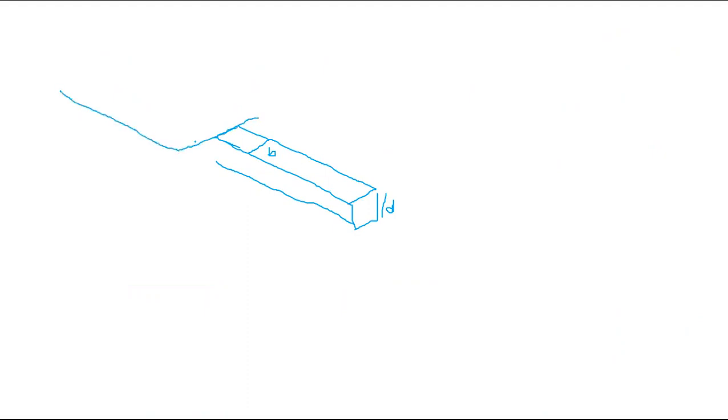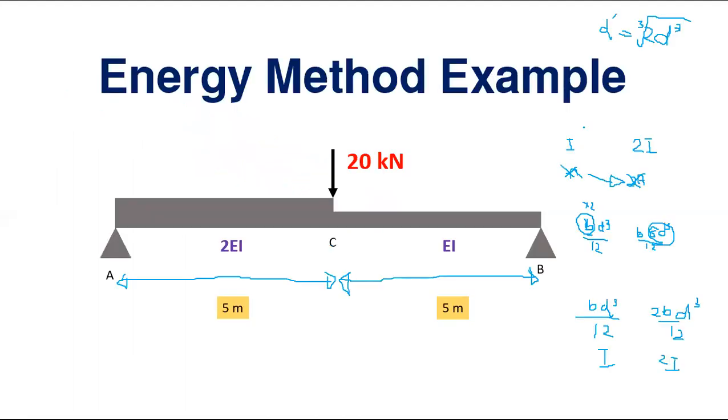So you can idealize this beam something like this. This is 2B. In this case, this area is 2BD, the cross section area. This is BD. So in this case, it becomes twice the area as well, right? But it's not necessary to be that, right?